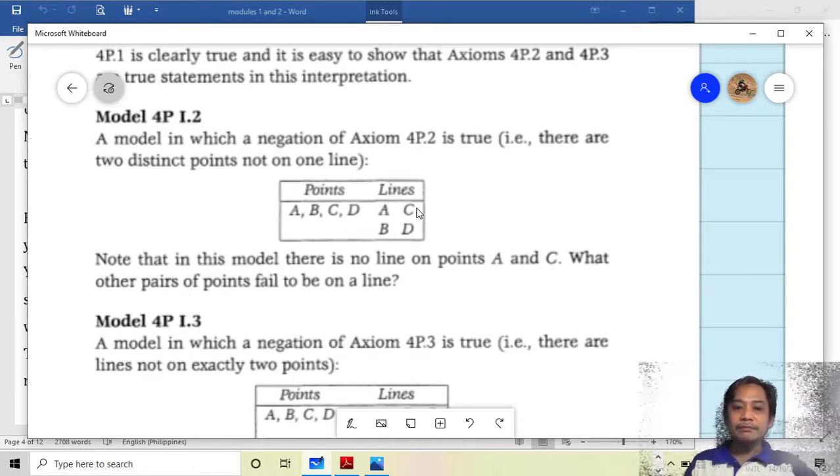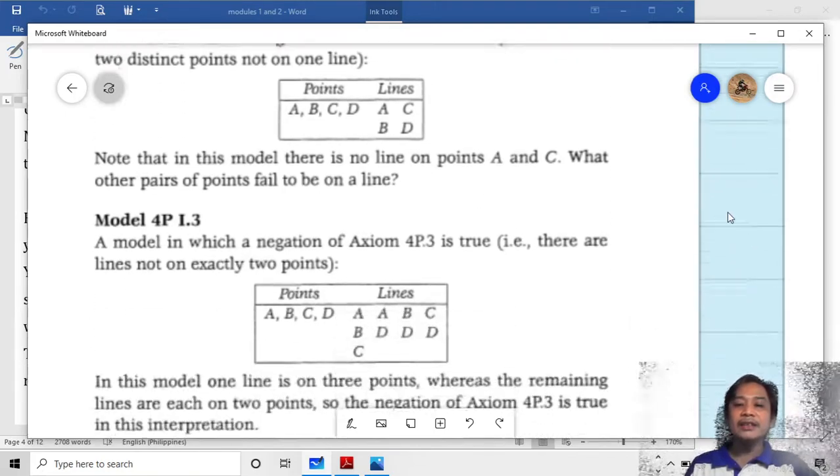But then, we can see that there is no line containing the points B and C. Hence, the second axiom is not satisfied even if the first and the third are both satisfied in this model. So we say that axiom 4P.2 is independent of 4P.1 and 4P.3.